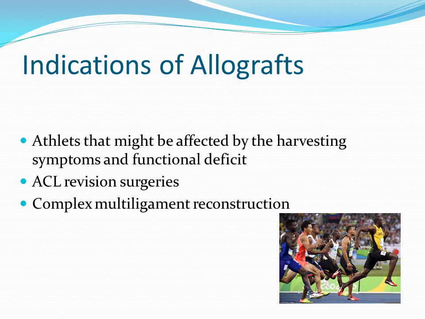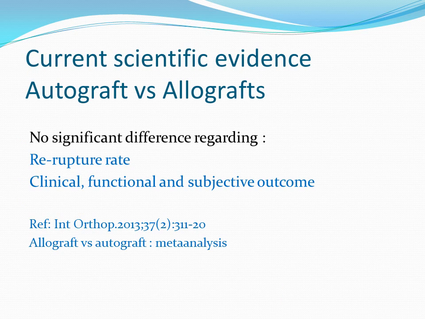It is also used in ACL revision surgeries and complex multi-ligament reconstructions. Current scientific evidence between autograft versus allograft shows no significant difference regarding re-rupture rate, clinical, functional, and subjective outcome.